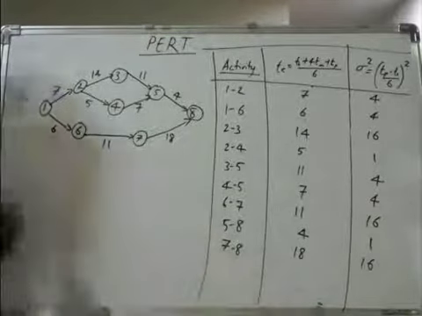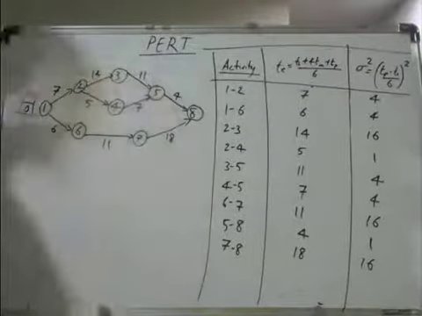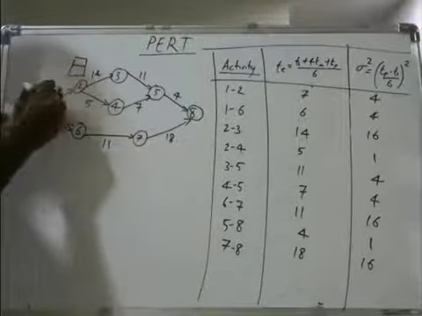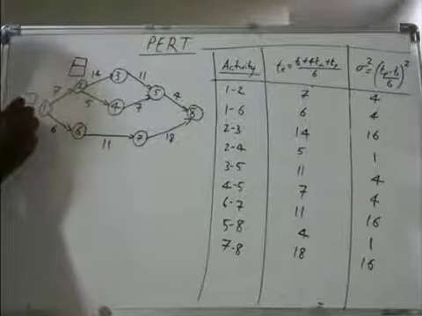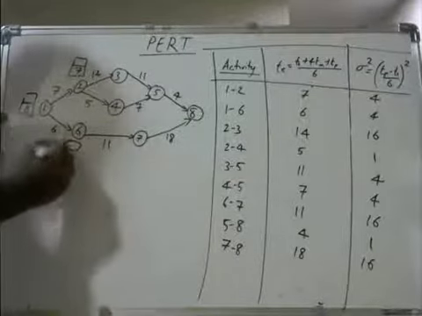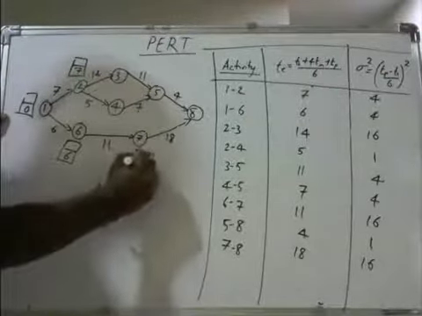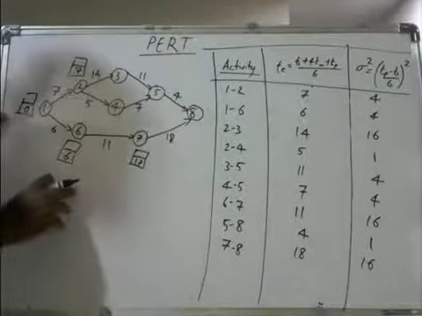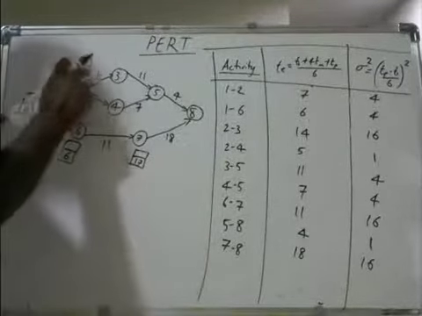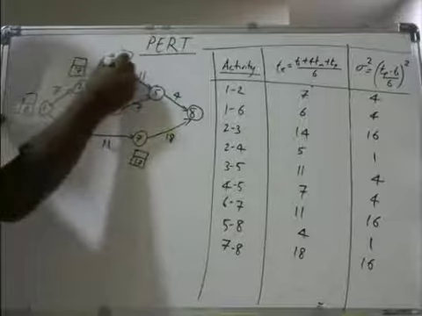Okay. So once you are doing the forward passing and the backward passing, it starts with 0 here. So from 0 to this 1 to 2, you will get 0 plus 7 is 7. Here you will get 0 plus 6 is 6. Now 6 plus 11 is 17. Right? Now here from 2 to 3, 14 plus 7 is 21.